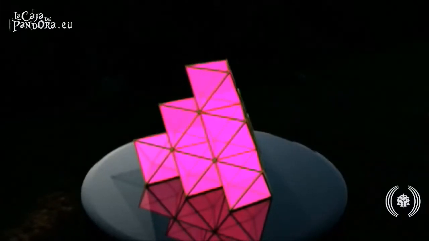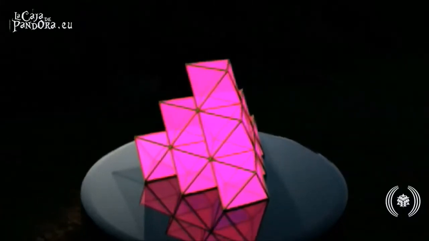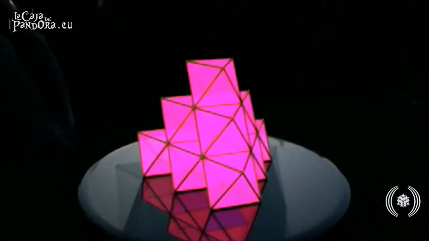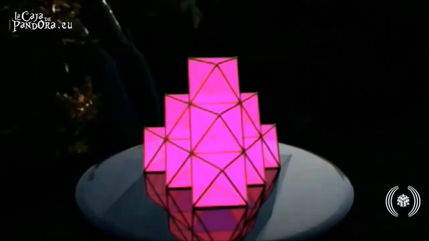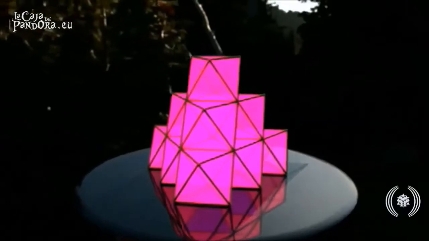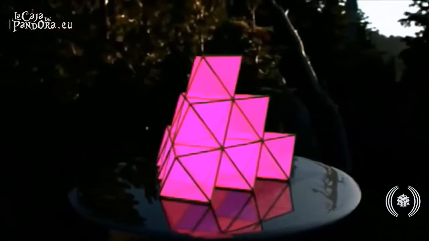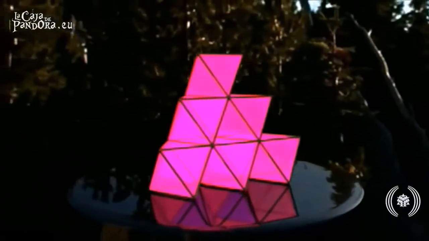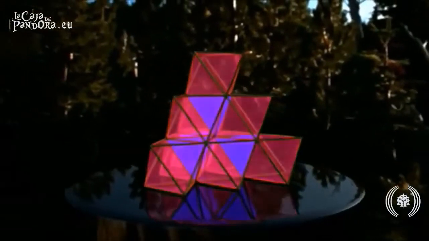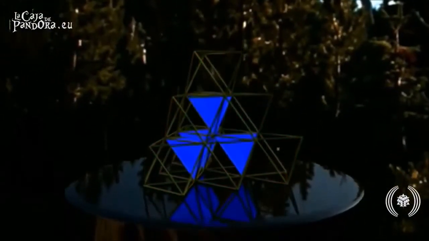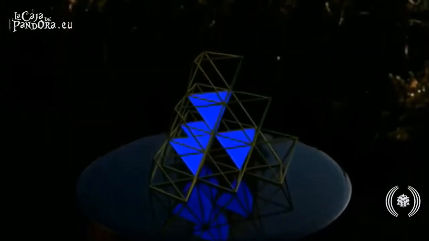Let's take a look. Let's make it go a little faster. There you go. In the middle of the octahedron, there was another set of tetrahedrons. Where'd they go?